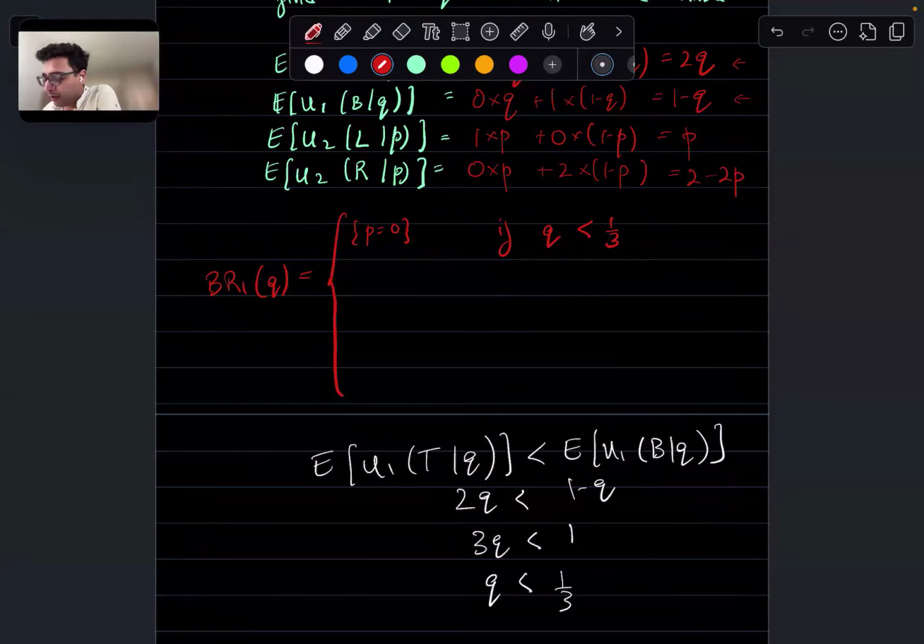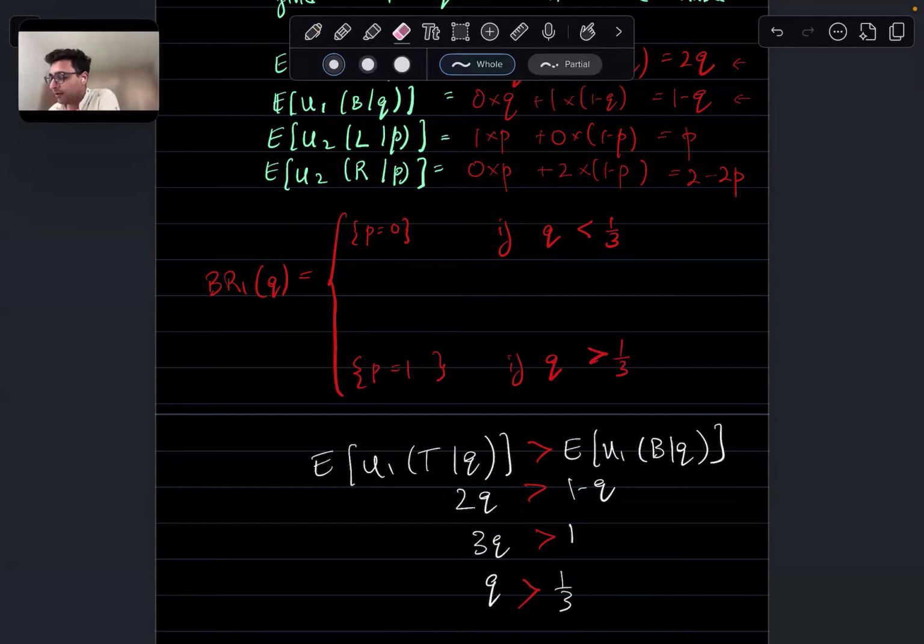What happens when Q is greater than 1/3? I just flip signs. When Q is greater than 1/3, then that means that I choose P equal to 1.